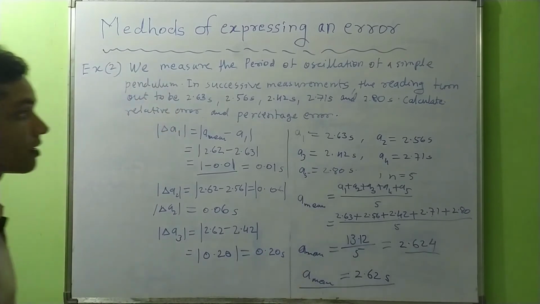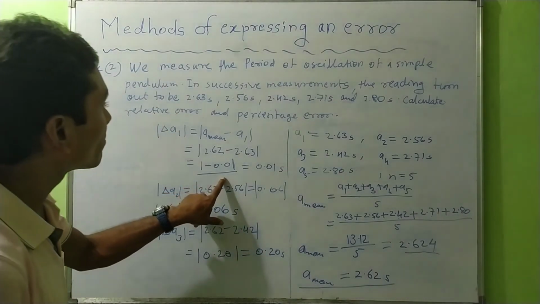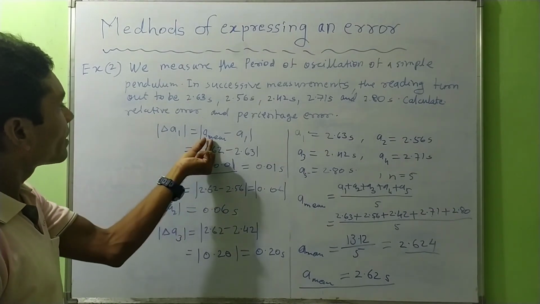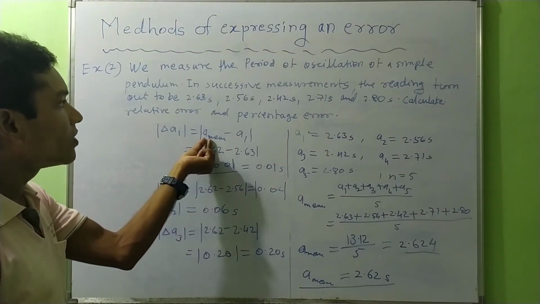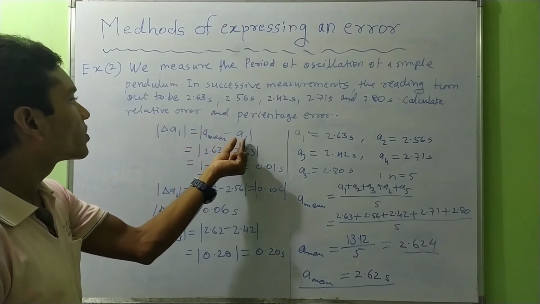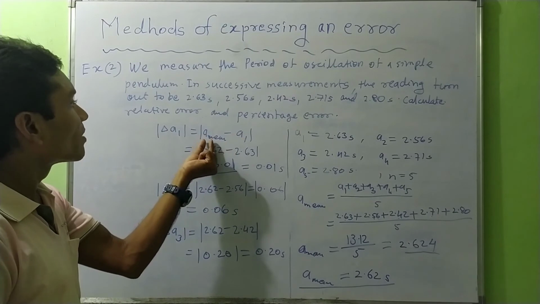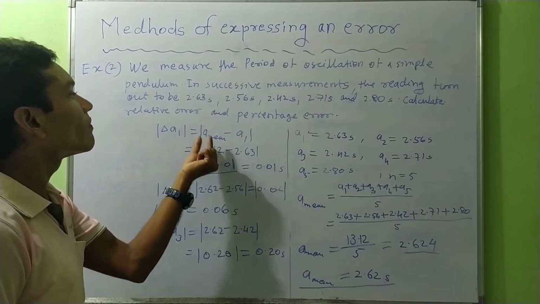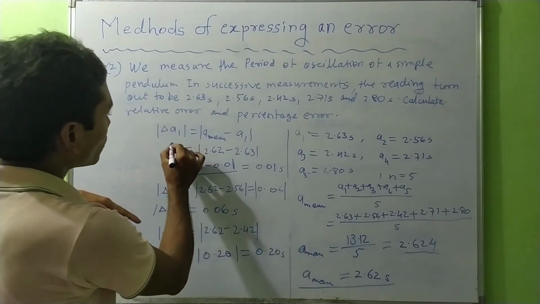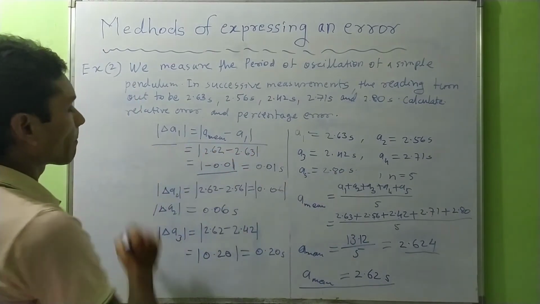or 0.20 second. Here you have to remember that in the formula of absolute error, first the mean value is taken and all the observed values are subtracted from the mean value, not the mean value subtracted by the observed value. Okay, so here you have to remember this formula.